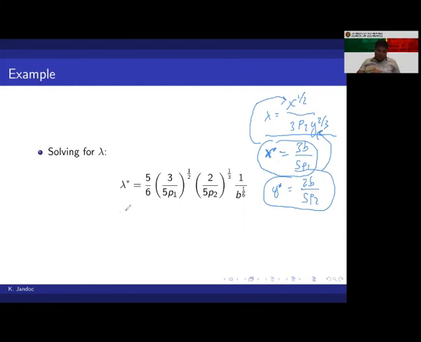Okay, so this is the expression for lambda star once you substitute x star in this x and y star for this y. Okay, so now it's couched in terms of B, and then the prices P1 and P2.